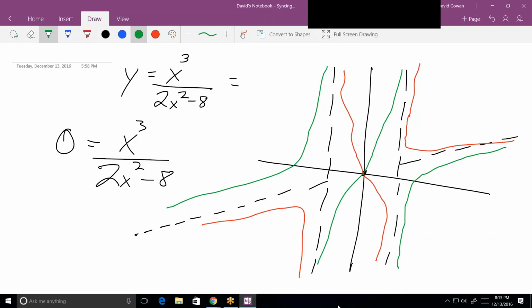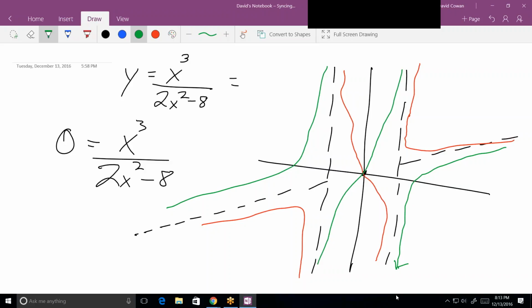What usually happens here is that when you're on one side of the asymptote, you always come out on the other end. If I'm going from right to left and I'm going down to negative infinity, it means on the other side of the asymptote, I'm going to come down from positive infinity. So the green makes sense and the red makes sense. Now let's figure out which one is correct.